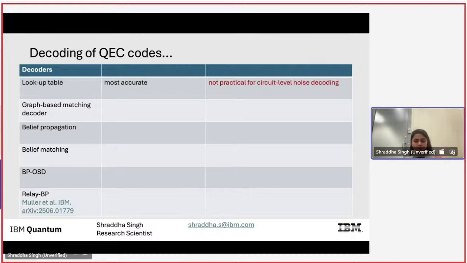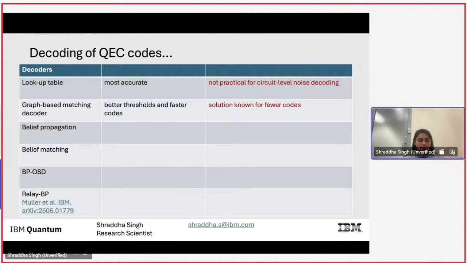Now, we have something called graph-based matching decoders. These decoders are the ones that have come the closest to the lookup table, in the sense that they are right now the most accurate and the fastest decoders that exist.